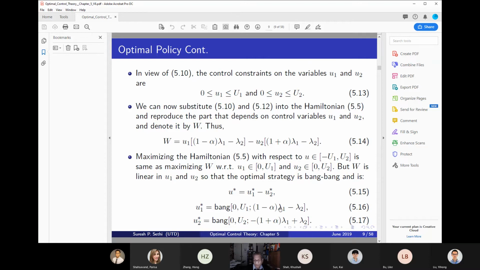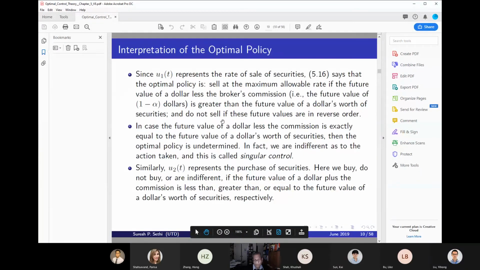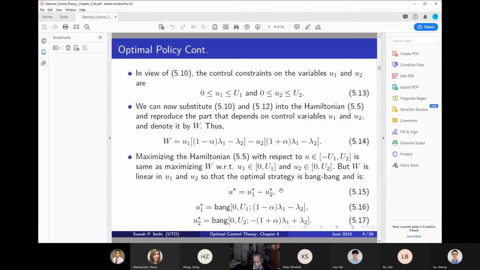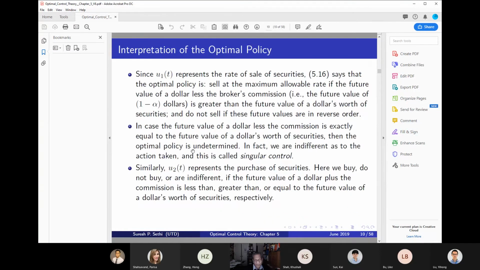Sell at the maximum allowable rate if the future value of $1 less the broker's commission is bigger than lambda 2. If it is less, then do not sell the securities. In case the future value of a dollar less the commission is exactly equal, then it's a singular control and I can do whatever I want at that point.